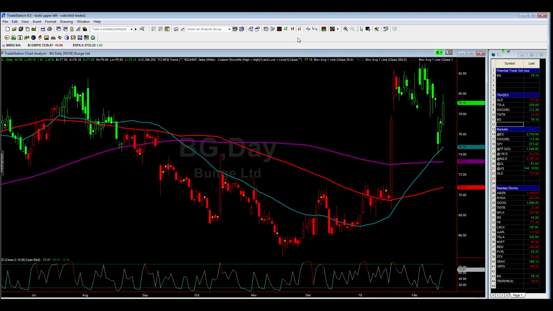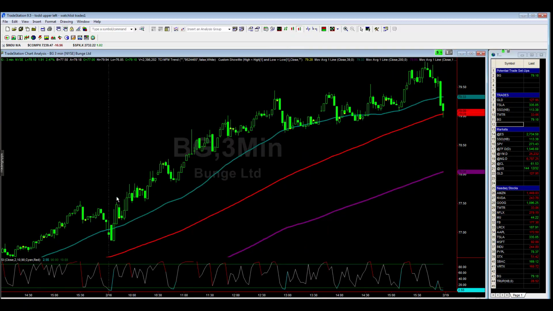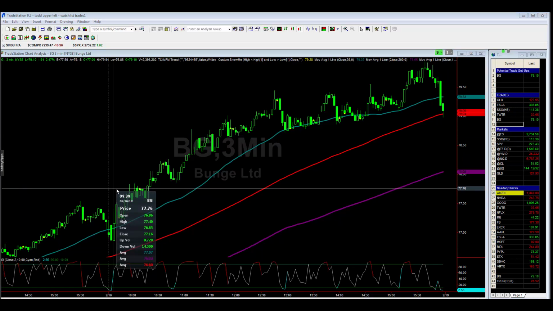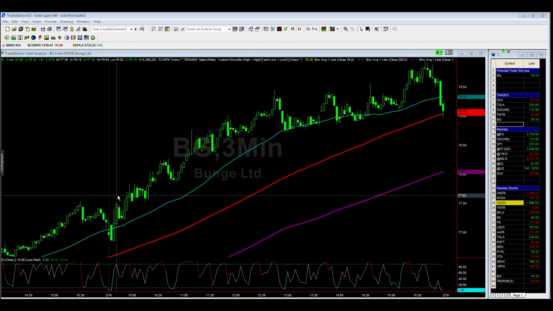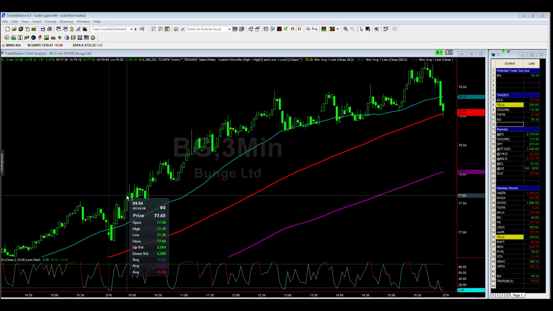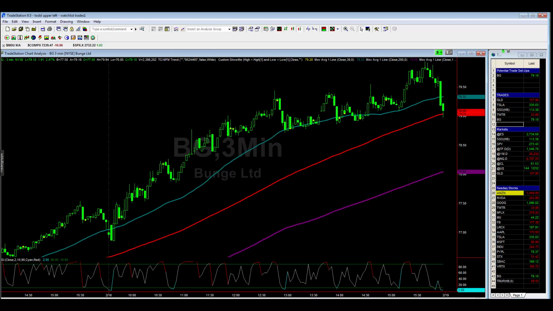Let's take a look at an intraday chart on a 3-minute chart to see when you would have been executed and how that trade would have played out during the day. So 77.64 would have been hit right here on the 9:54 bar, 24 minutes into the day. You would have been long right here.